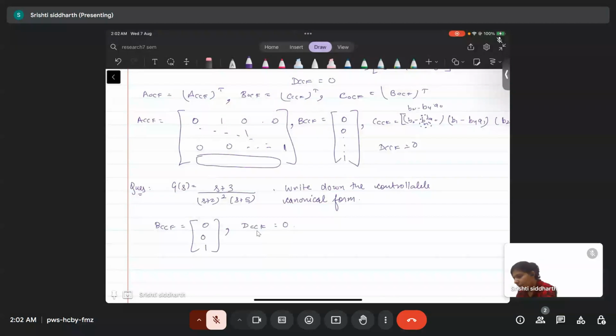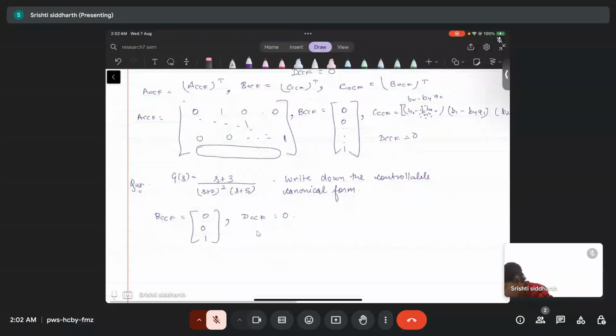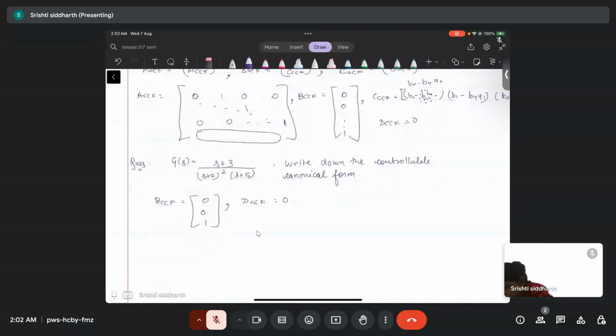So let's just write down the transfer function in the standard form. So we have s plus 3 over s squared plus 4s plus 4 and s plus 5. This is going to be s cube plus 5s squared plus 4s squared plus 20s plus 4.